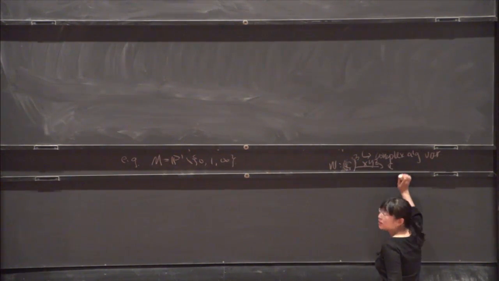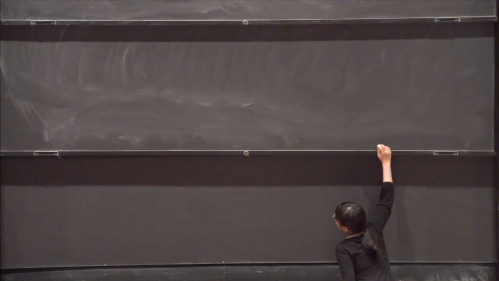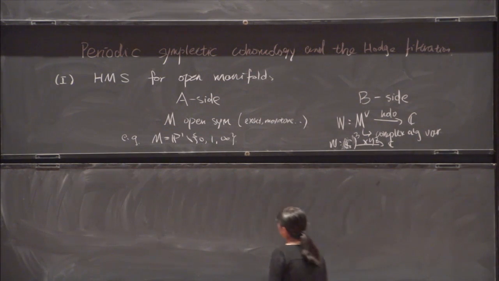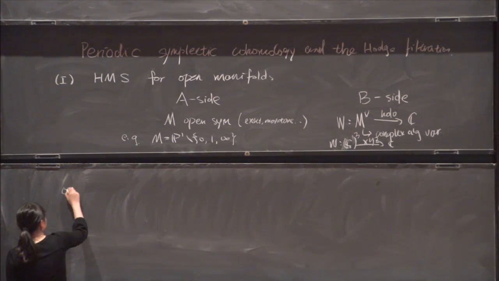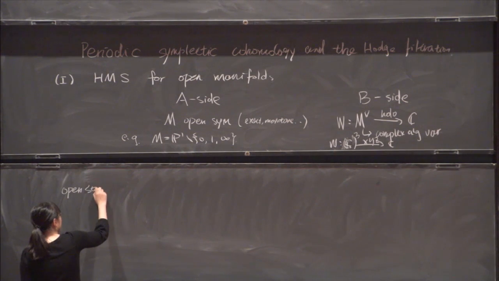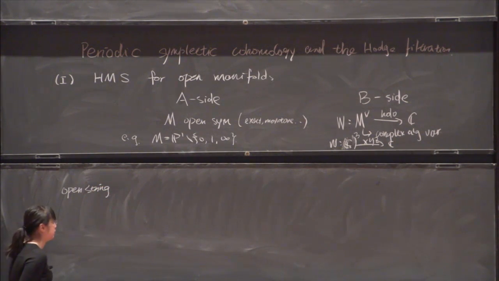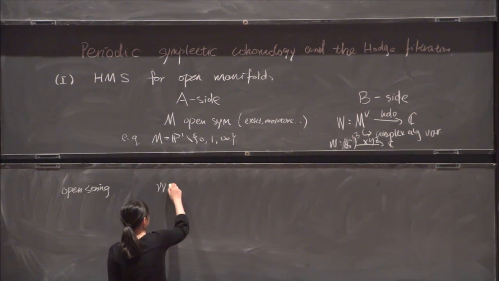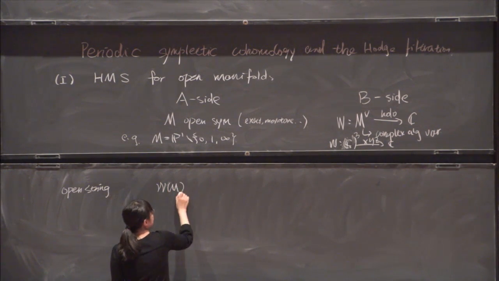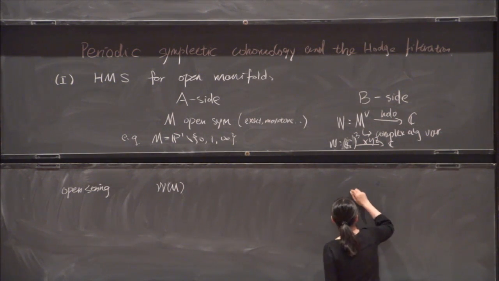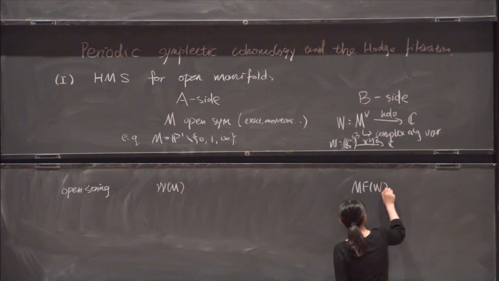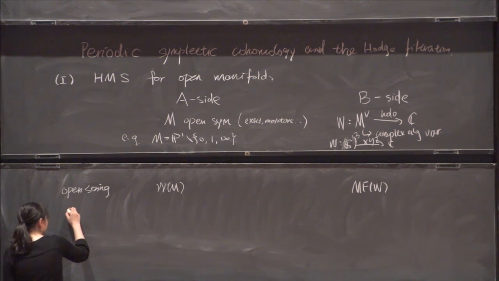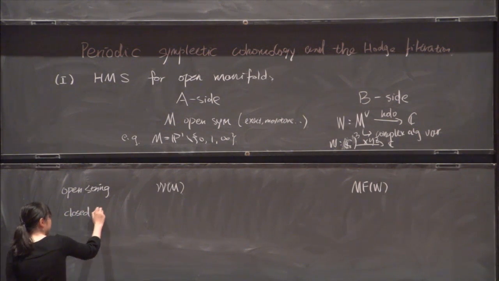Okay, so in this setting, the open string invariant we usually look at, and I think Amy talked about this in the last talk, is the Fukaya category associated to M. And on the B side, you have the matrix factorizations of W. And we want to look at the closed string analog of these.